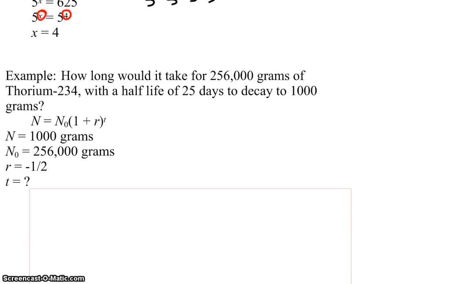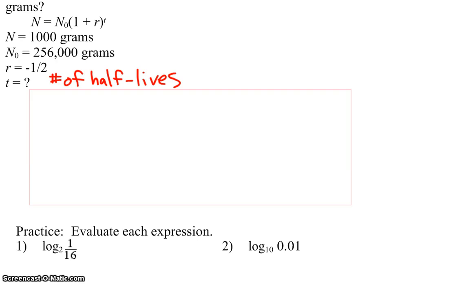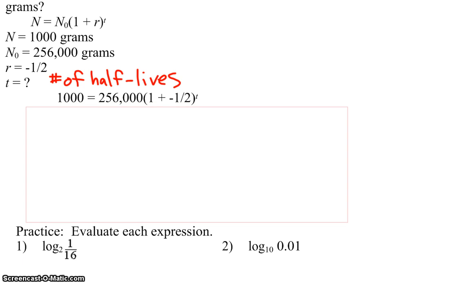So, t is going to be the number of half-lives, because time and rate have to be related. As we start this problem, we'll simply substitute the numbers in to what we know we have. 1,000 equals 256,000 times (1 plus negative 1/2) to the t.